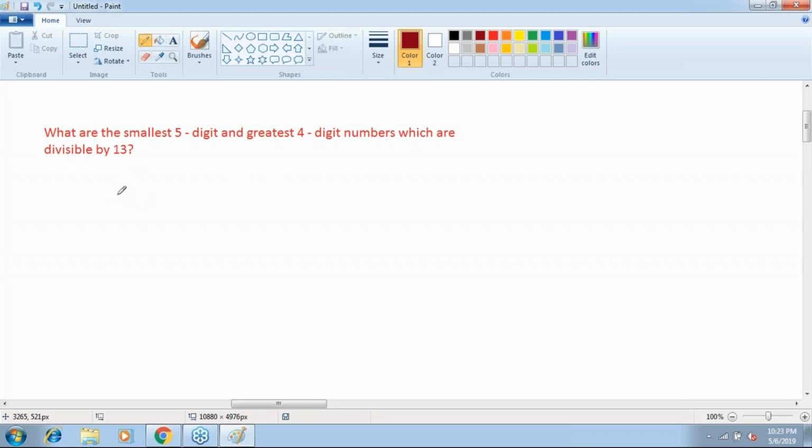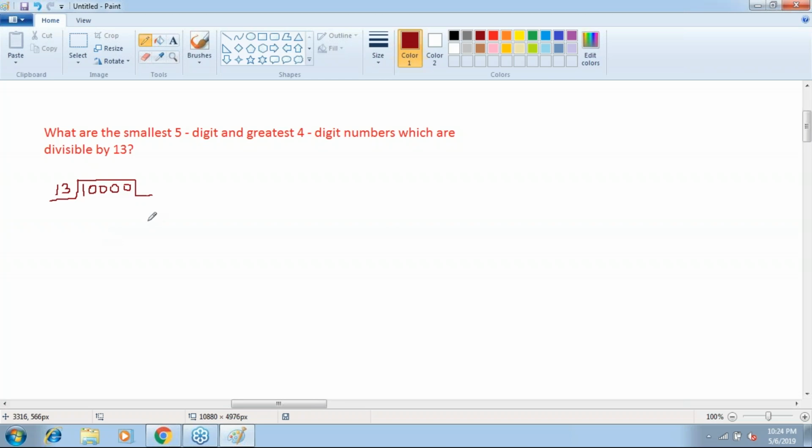So what smallest 5-digit number do I know? If I divide by 13, I have no clue what number is it going to be. They asked the smallest 5-digit number.